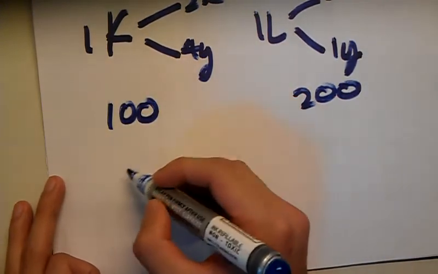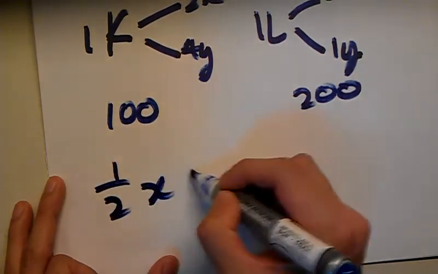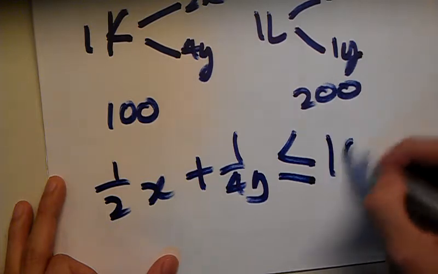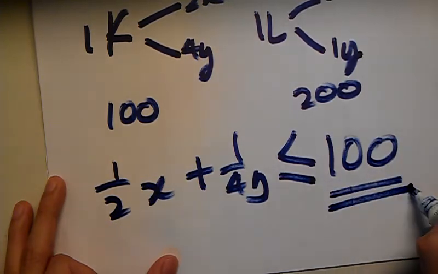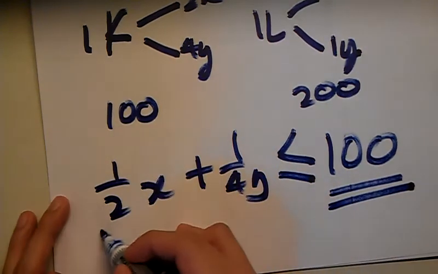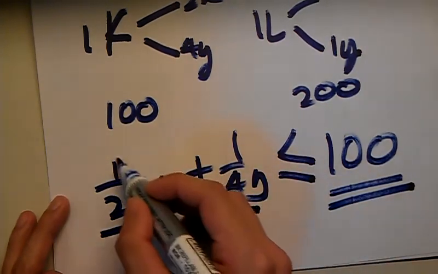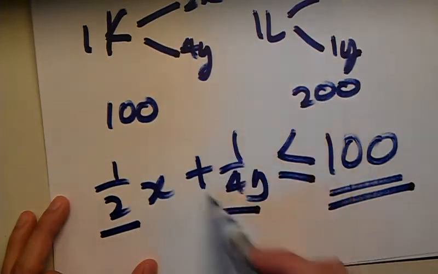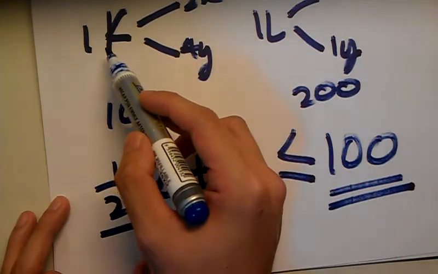Capital is going to be 1/2x plus 1/4y, less than or equal to 100. This figure is the number of units of capital that I have, and the half and the 1/4 here mean it takes half a unit of capital to produce 1x, and 1/4 unit of capital to produce y.